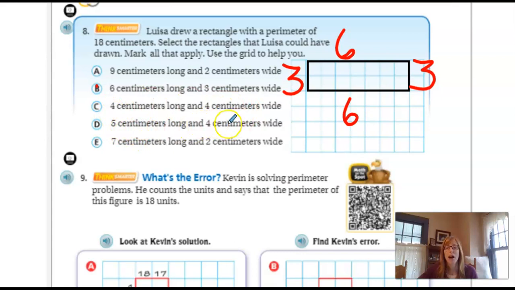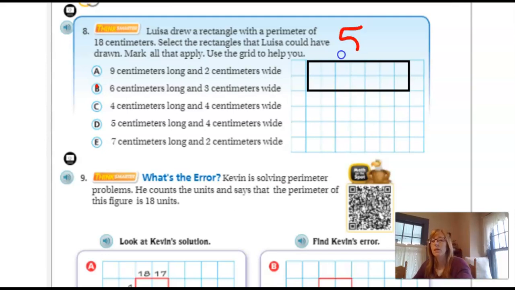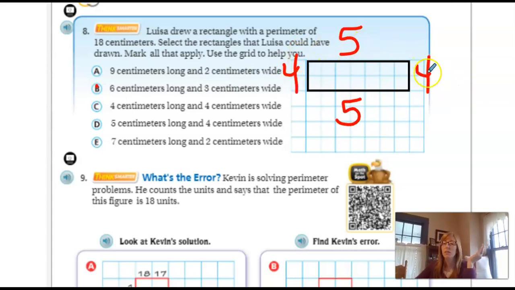How about 5 and 4? Okay, so let's do 5 and 4. So if you do 5 and 4, you would have 5 and 5 and 4 plus 4, and you add them all up. What's 5 plus 4? 9. And 5 plus 4, 9, and 9 plus 9 is 18.